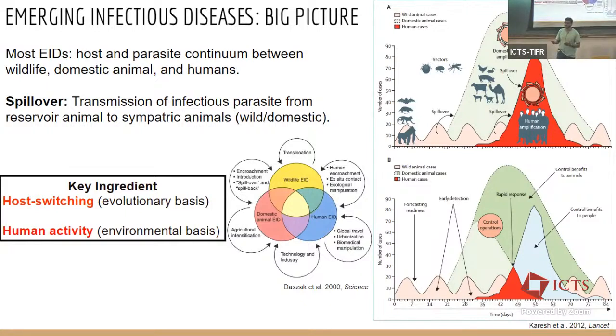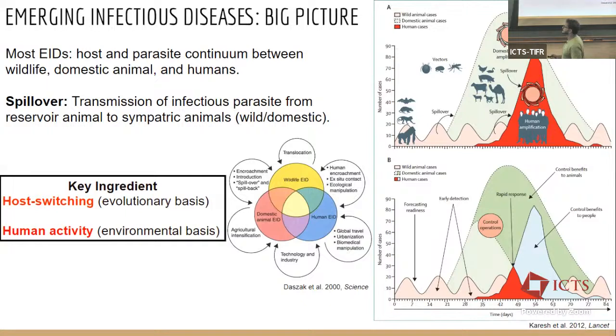But what is important is that if you have control operations and an early detection system, if you are able to detect how many parasites are present in the wilderness, in the diversity of hosts that we have, and we know their associations, then it's easier to have control operations whenever there is an outbreak, before realizing that it's out of our hands. So that's what is very important.